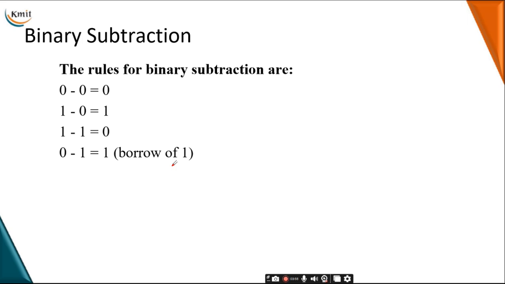Since binary has a base of 2, we add 2 to that particular position where you are subtracting the bit, and 2 minus 1 becomes 1 with a borrow of 1. Your difference is 1 with a borrow of 1.